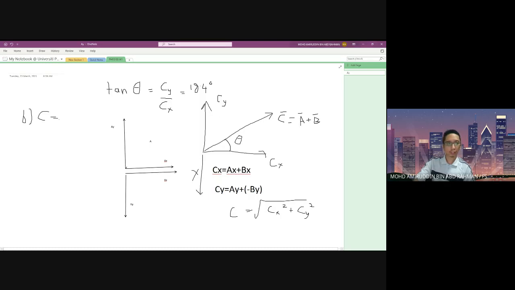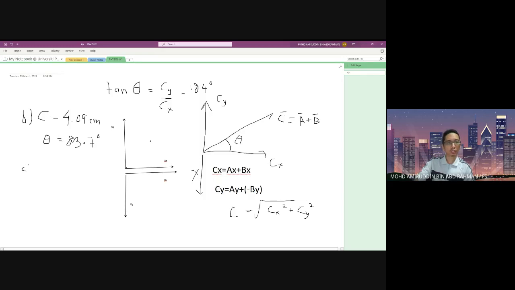So for B, the vector C equals 4.09 cm for its magnitude, and the angle is 83.7 degrees.